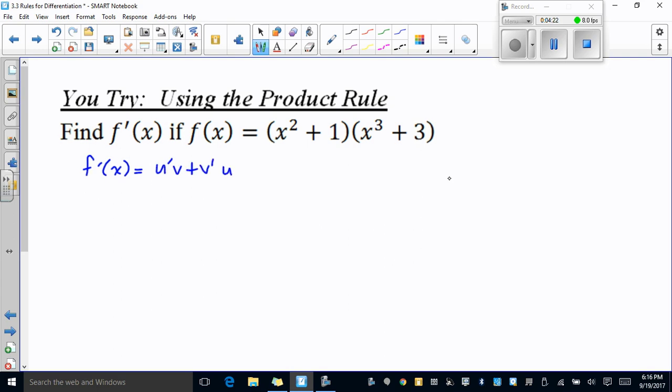So my little side work over here, work that's necessary, but you don't want it in the flow of your problem. u is going to be x squared plus 1. So u prime is equal to 2x. v equals x cubed plus 3. So v prime equals 3x squared.